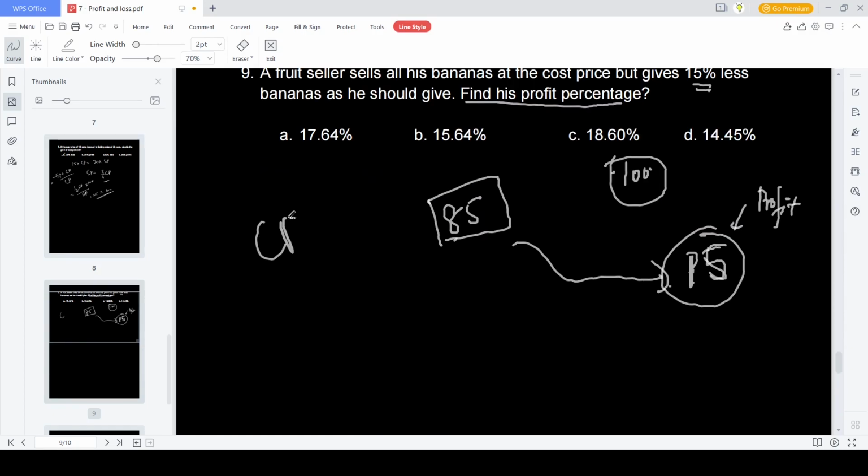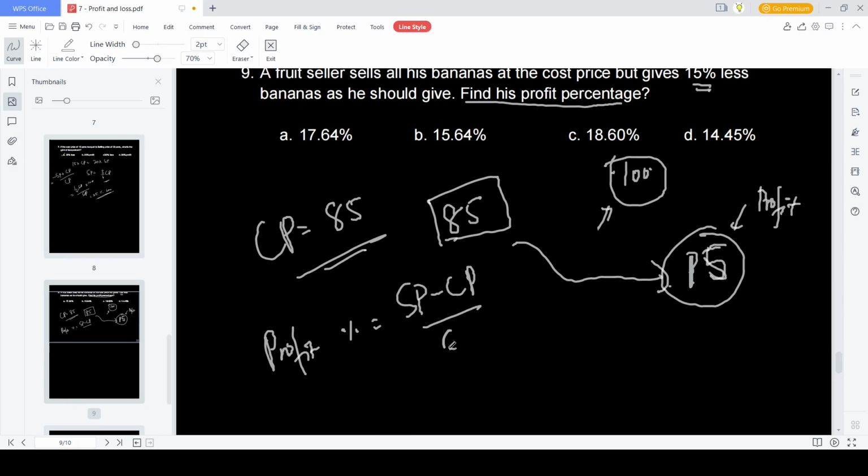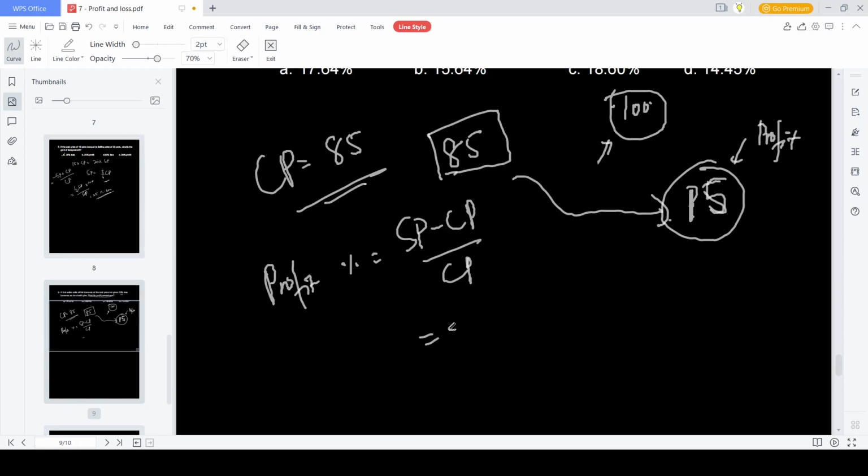Now his cost price will be nothing but 85, right? Because he's not giving all the 100 bananas, he's giving only 85 bananas. So that is his cost price. Selling price is for 100 bananas because he's a scammer. Now we find out the profit percentage. Profit percent is given as selling price minus cost price by cost price. So 100 minus 85, his cost price, divided by 85.